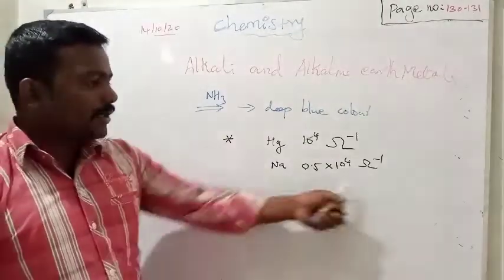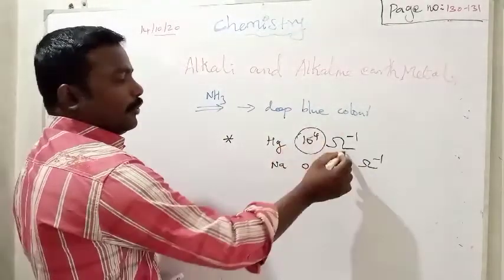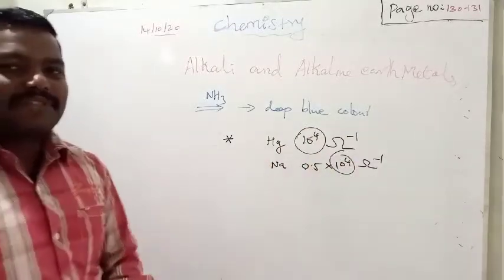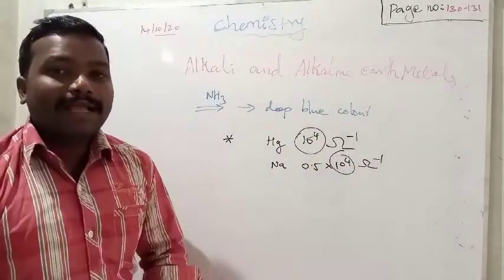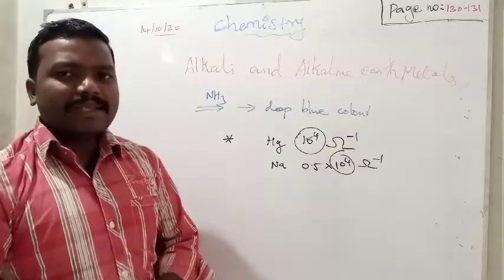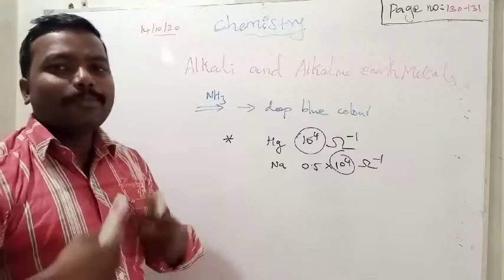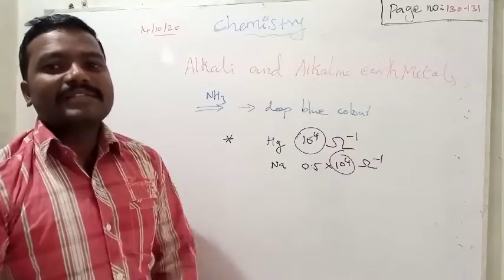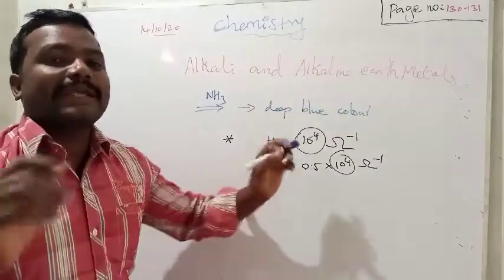But you can compare 10 power 4 with 10 power 4, because of that they have high specific conductivity. Once the metal gives more conductivity, we can say there are free electrons.